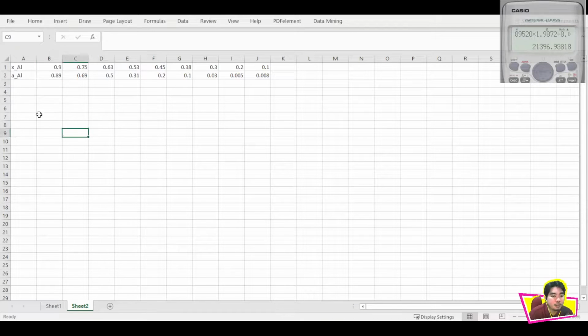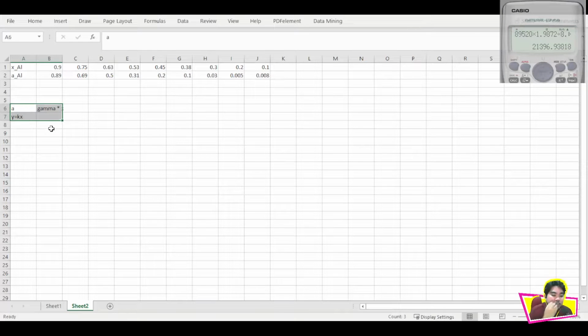Pero it doesn't really matter, no? Kasi activity is equal to gamma times x, no? Tama? So, parang mas madali ata if y-axis si activity para y is equal to parang kx.